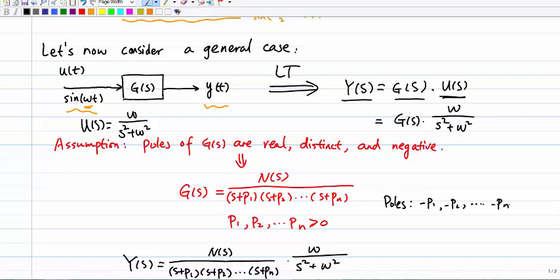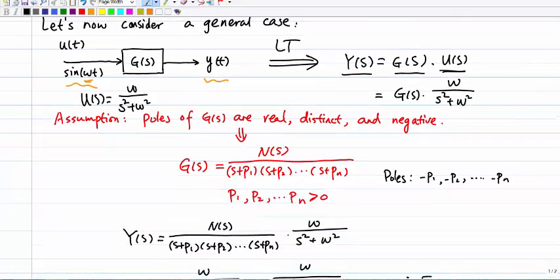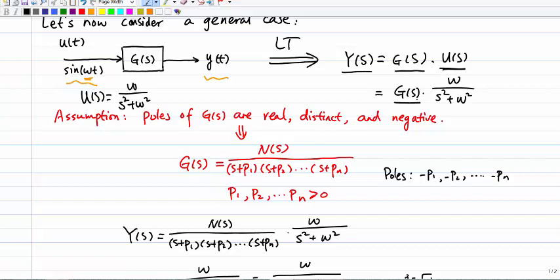These are negative, real, distinct poles. Plugging in G(s) with this specific form, I have Y(s) equal to N(s) divided by (s plus p1)(s plus p2) and so on up to (s plus pn), times U(s), given by w divided by s squared plus w squared.